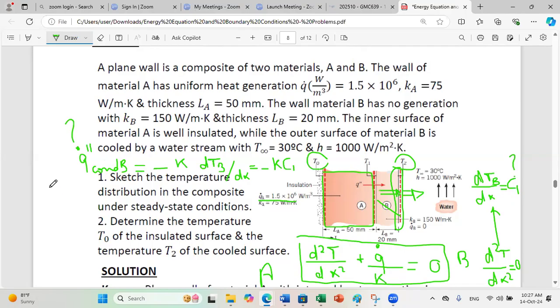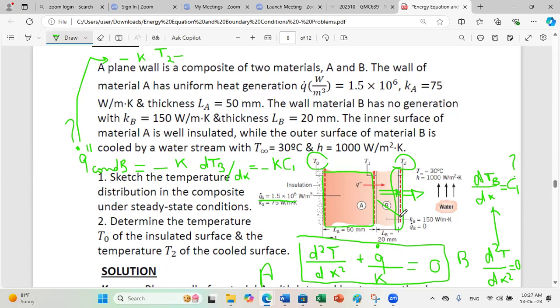So this is equal, so if you want, minus K. Now, if we want to replace dT by dx, we can replace it by T2 minus T1 over LB. Because it's constant, we just take the slope. dT by dx is constant.